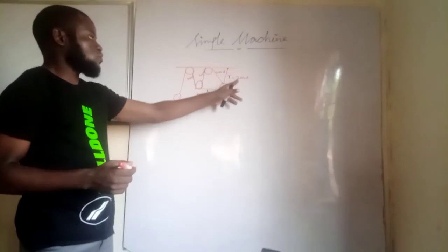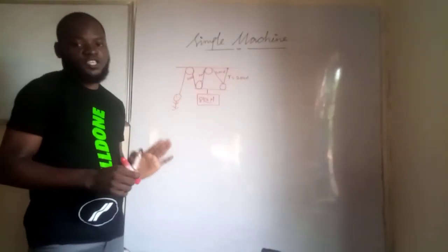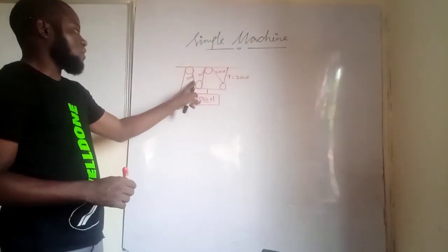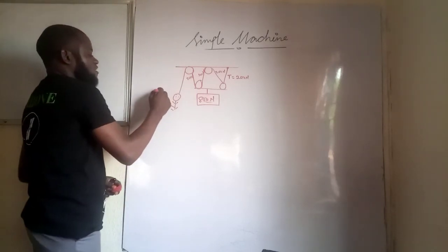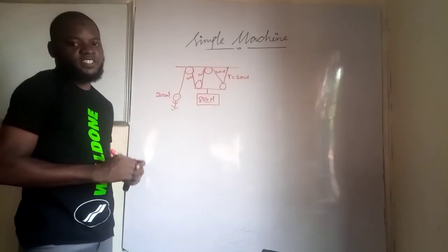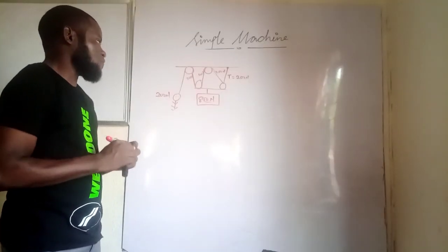Why is it 200, 200, 200? Because the tension in each rope has to be equal. Are we together now? So if the tension on these ropes is 200 Newton each, then it means this man is pulling the rope with a force of 200 Newton. Are we together, guys? Thank you if we have.